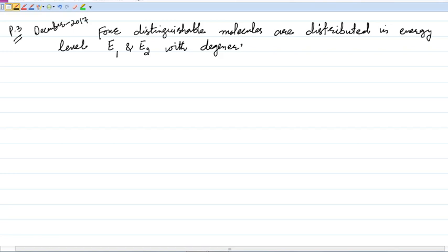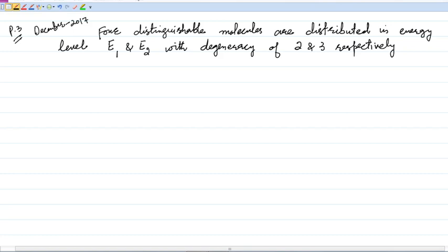That means G of 2 and 3. That means for energy E1, G1 is equal to 2 and G2 is equal to 3.